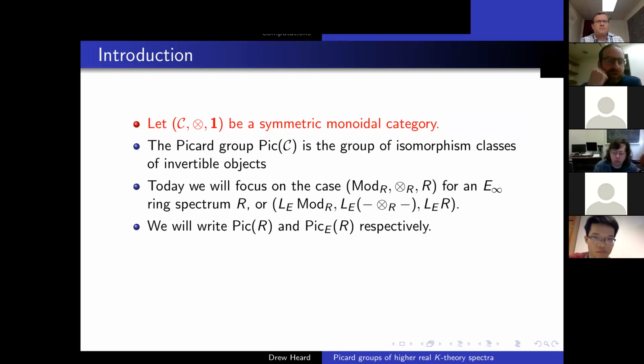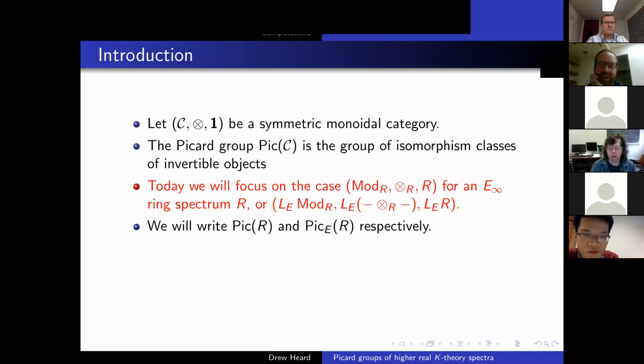It's symmetric monoidal, so it has a tensor product and a unit. Then we're going to look at the Picard group, which is a group of isomorphism classes of invertible objects under this tensor product. So I have some object M, can I find another object, its inverse, M inverse, such that when I tensor them together, I get this monoidal unit 1.